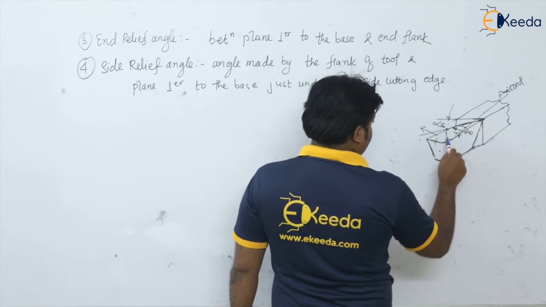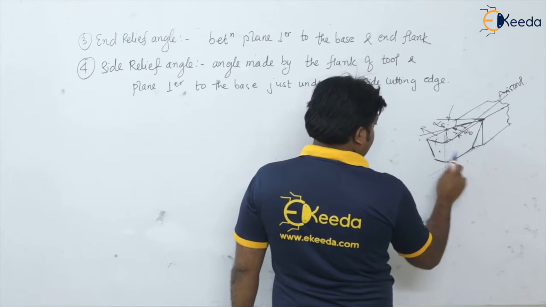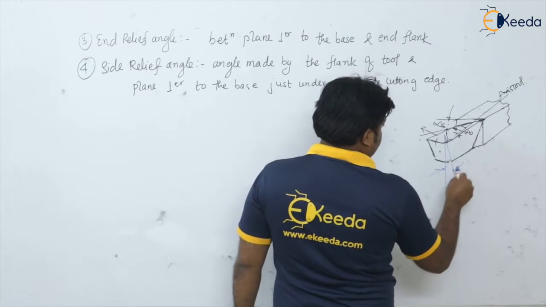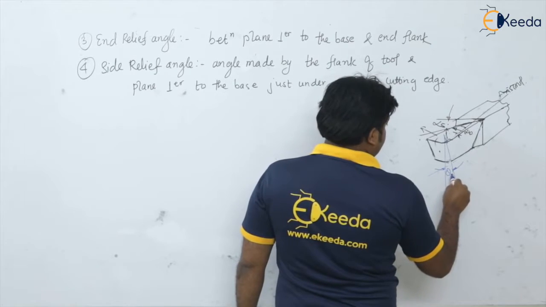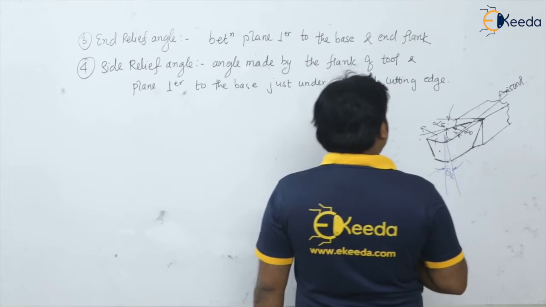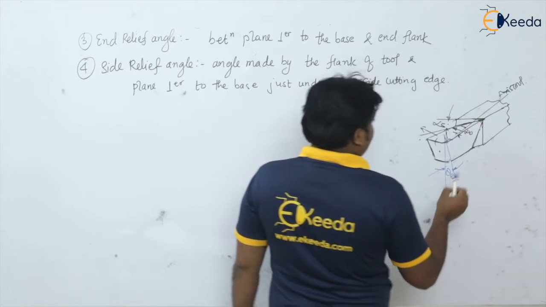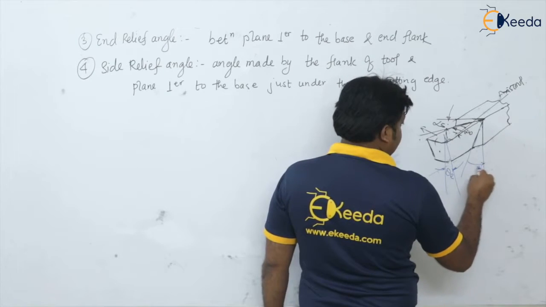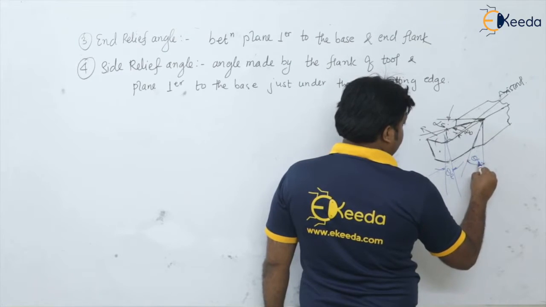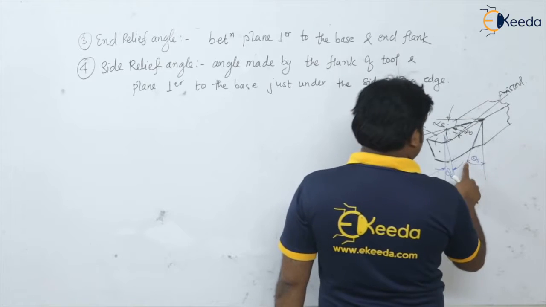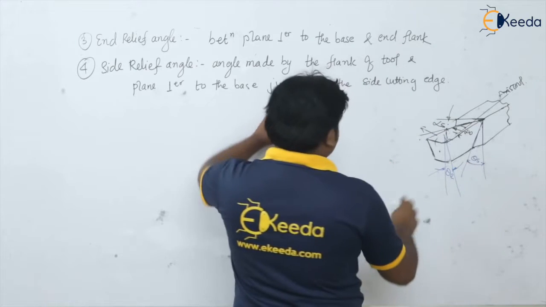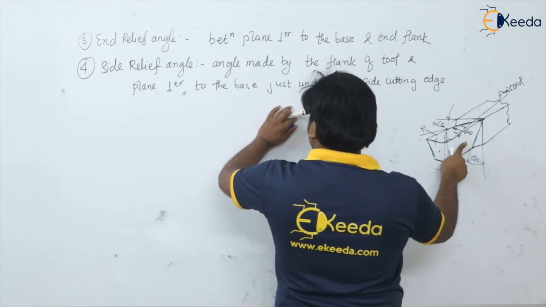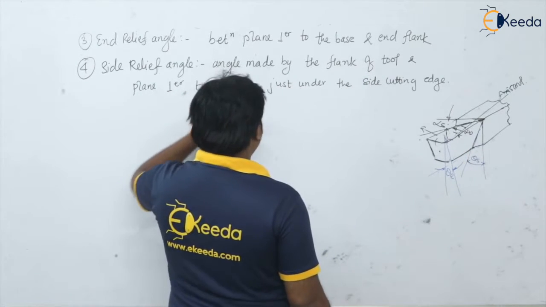So this angle is our theta E, that is our end relief angle. And if we talk about this, this is our angle theta S. This is angle theta S. So this is the angle made by the flank of the tool and the plane perpendicular to the base.